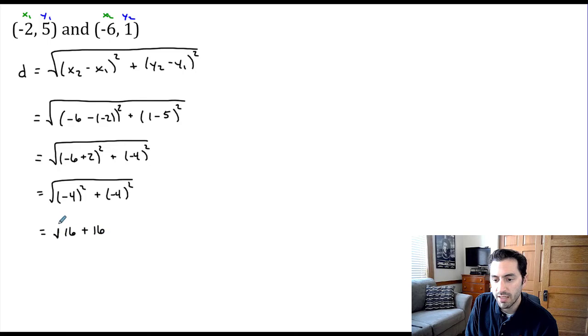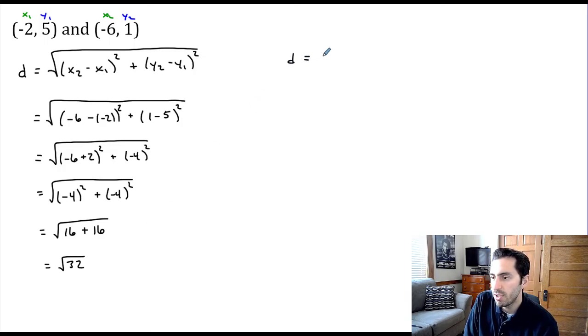And then if we add 16 plus 16, we end up with the square root of 32. So there's the distance between our 2 points. The square root of 32, that's going to be a little bit less than 6. So maybe about 5.7, 5.8. But we can also simplify that a little bit further.